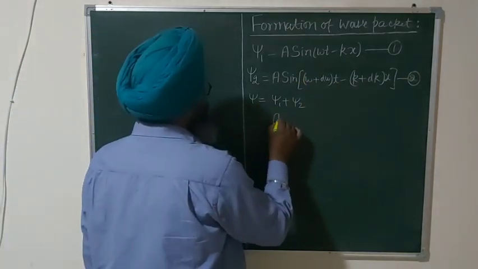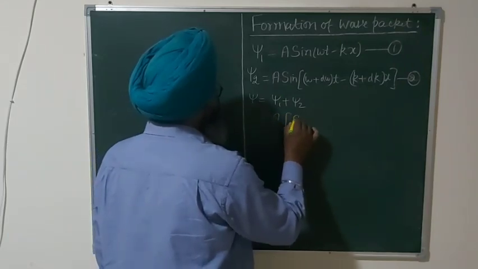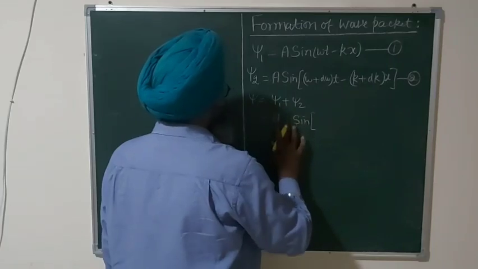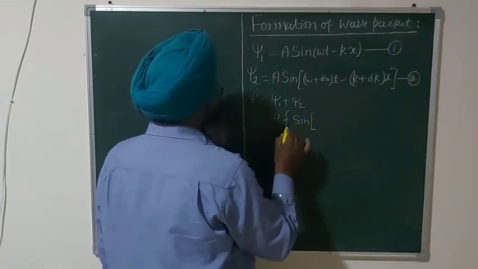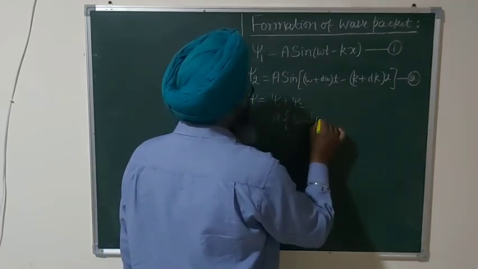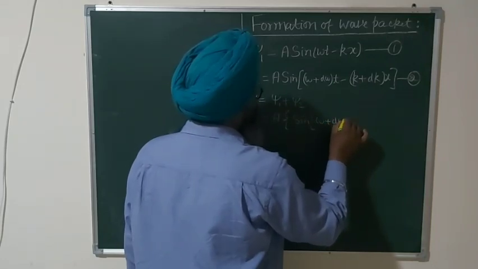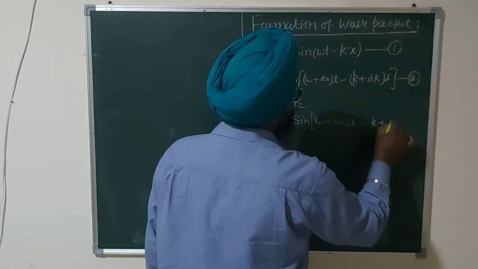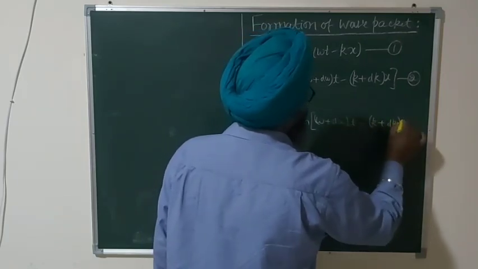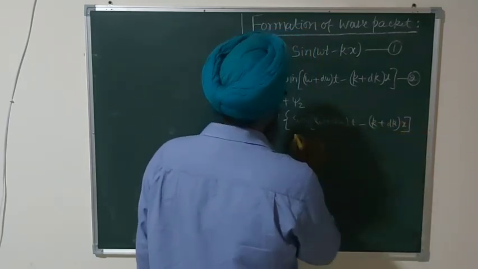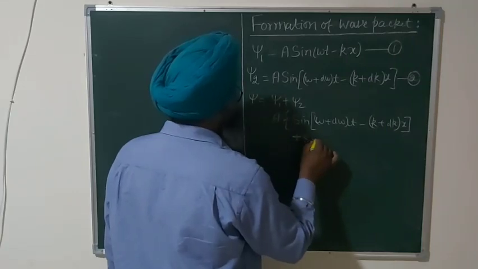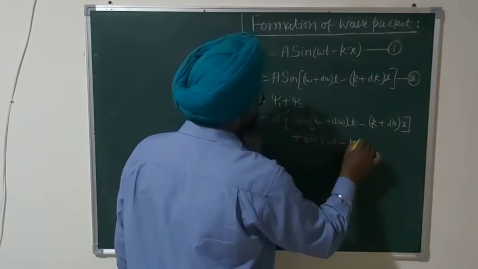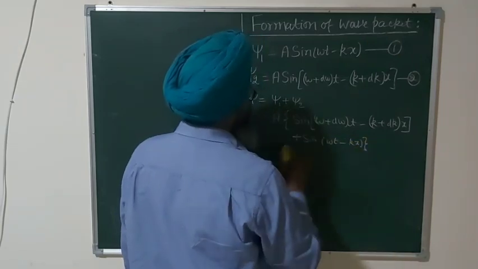A will come common, and it will become A times curly bracket, sine of (omega plus d omega) t minus (k plus dk) x, plus sine of omega t minus kx.